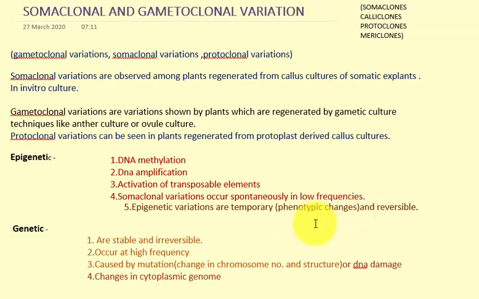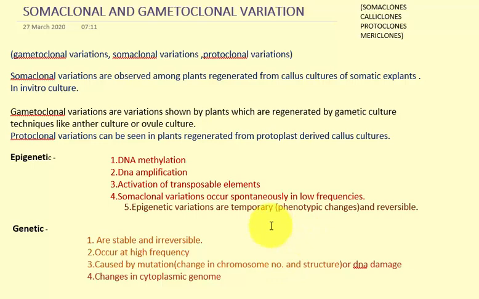Then about the genetic cause, in case of a genetic cause, obviously the change will be in the DNA. So there will be a change in the chromosome number, that leads to euploidy, that is the change in chromosome set, and aneuploidy, that is change in parts of the chromosome set, and then polyploidy, organisms with more than two chromosome sets, and monoploidy, organism with one chromosome set, right? Then this is about the chromosome number change.